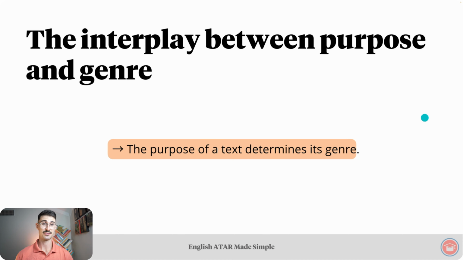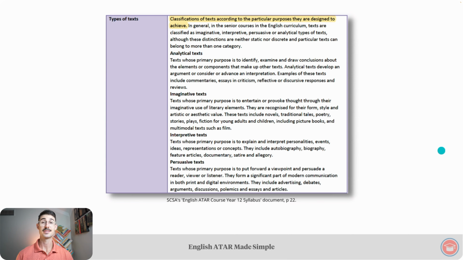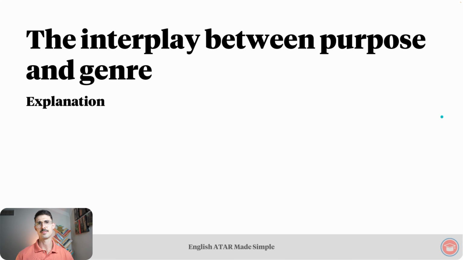What's our authority for this statement? It is the syllabus. So even though the glossary doesn't define purpose, it tells us that the term types of text refers to classifications of texts according to the particular purposes they are designed to achieve. What can we take away from this?